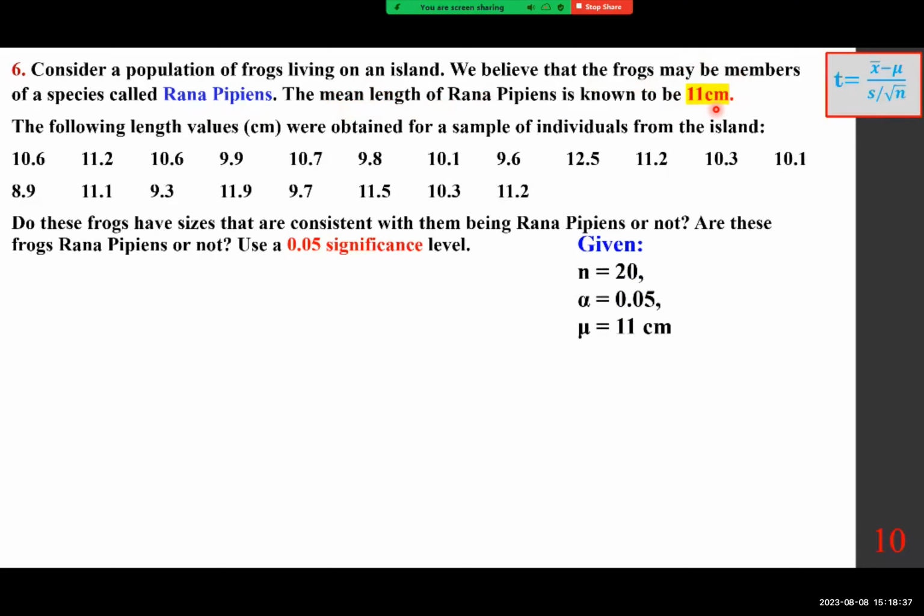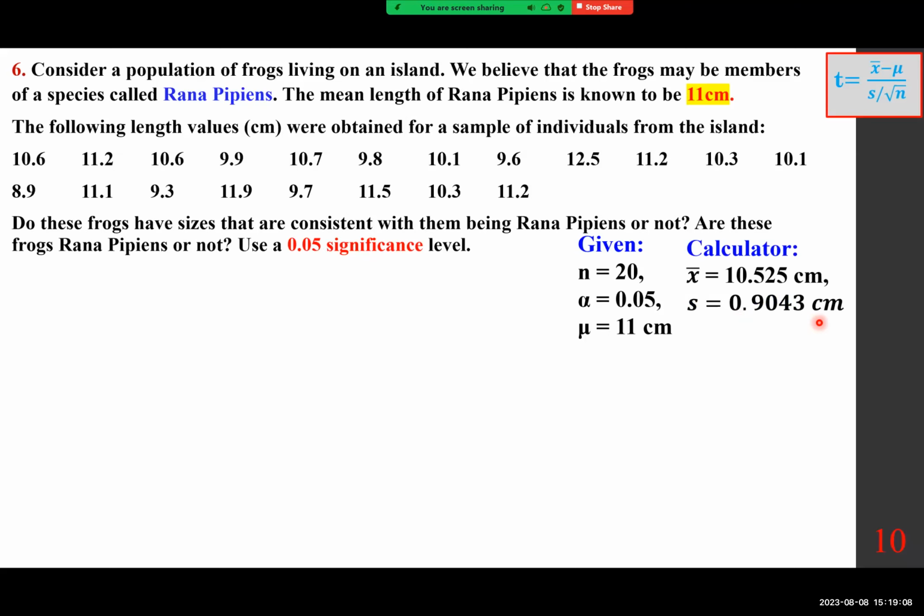If we could come up with the mean of the same, that means it's the same species. If it's different, that means it's not. Number one, the data, we have to put it into technology. You don't have to do it by hand. We are interested in calculating the X bar and S, and if we put it into a calculator, it does it for us.